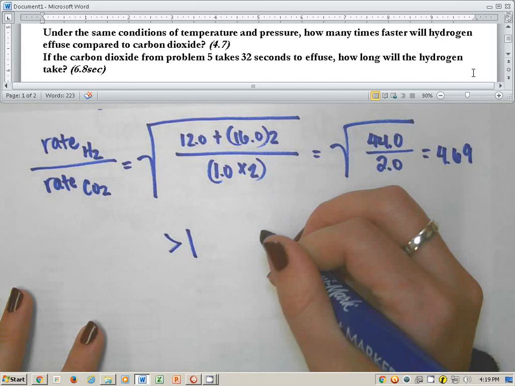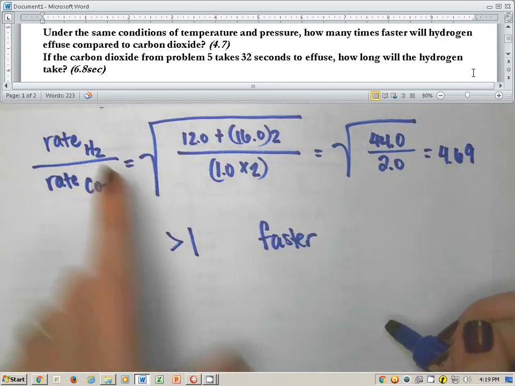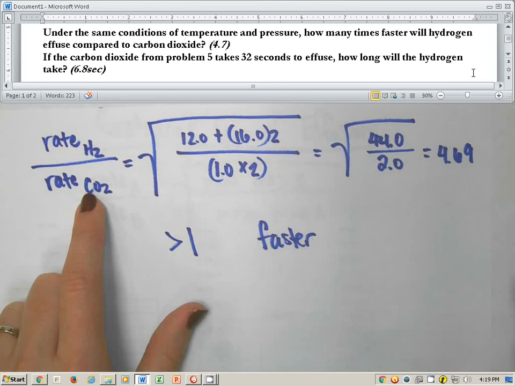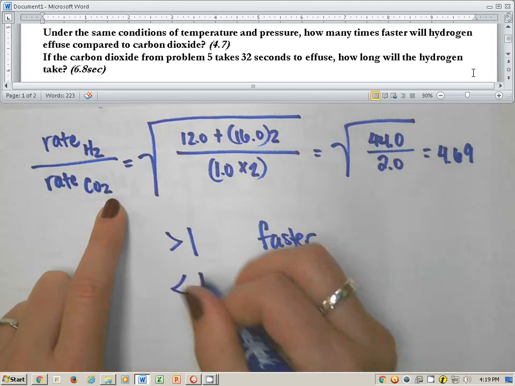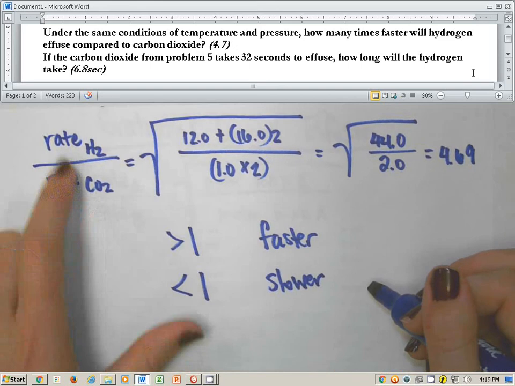So in terms of this, the hydrogen goes 4.69 times faster than carbon dioxide. That means the carbon dioxide goes slower. If I would end up with an answer less than 1, it means that the gas on top goes slower than the gas on the bottom.